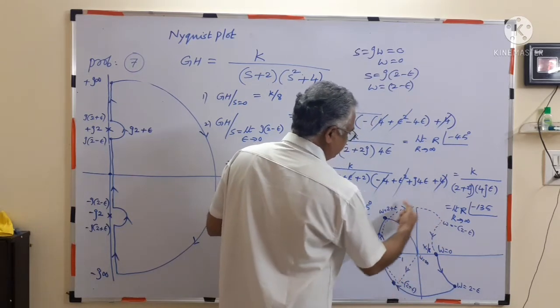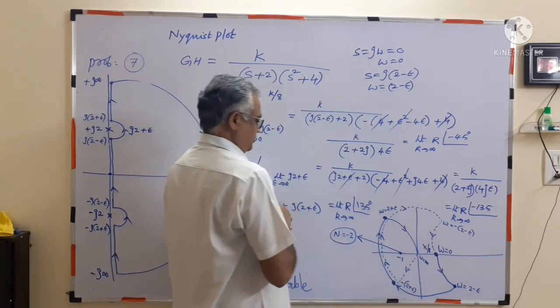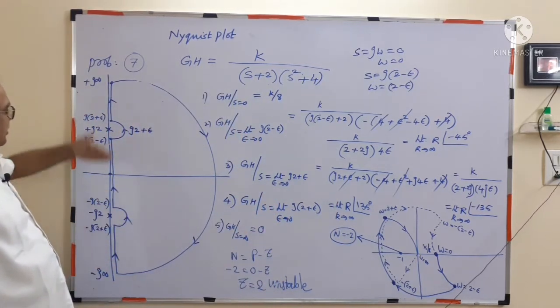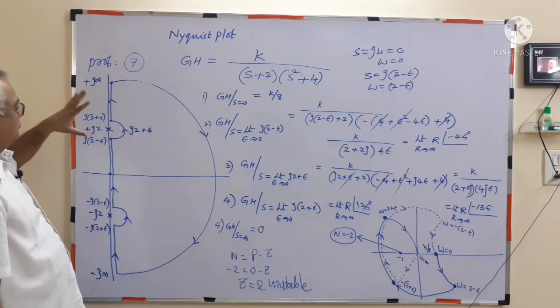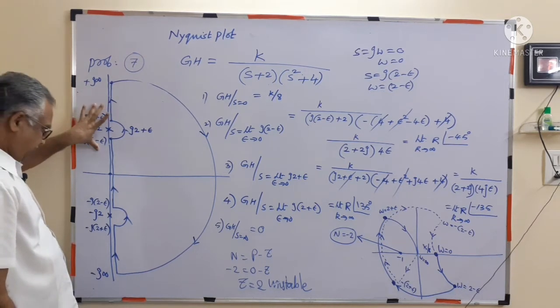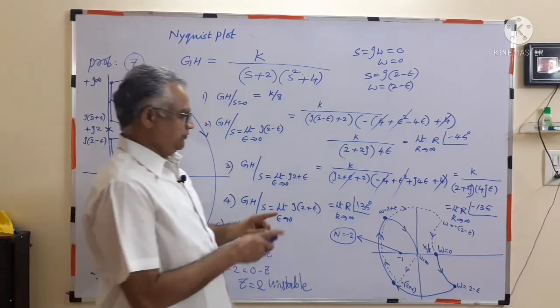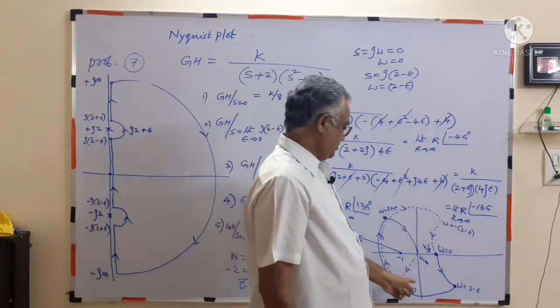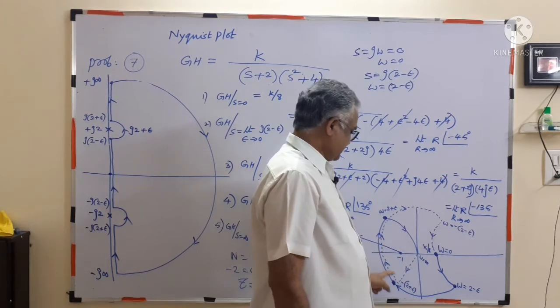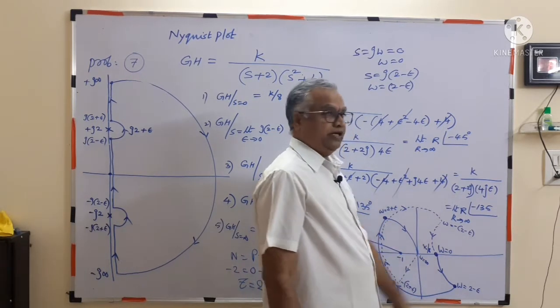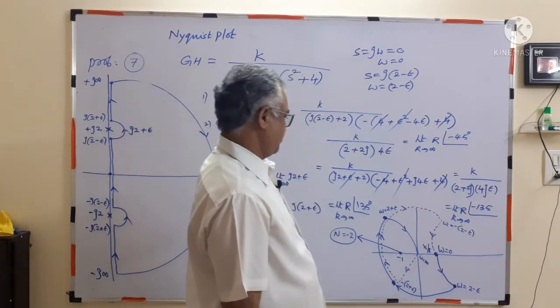The dotted line is the mirror image of that. This portion I am not doing, because it is the mirror image of this. Once I draw the Nyquist plot for this, the other portion is the mirror image of that. So without doing the remaining work, this dotted line indicates the mirror image of the other one. So that completes the Nyquist plot.